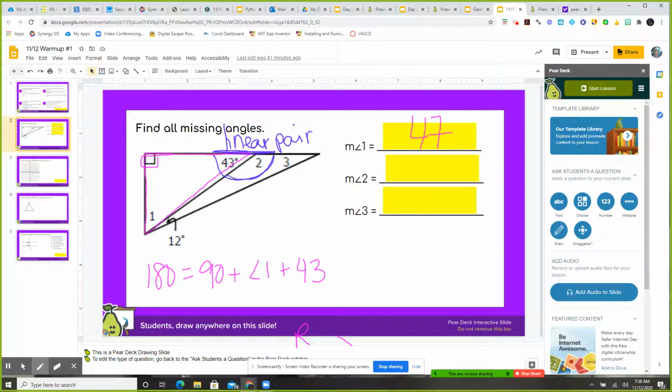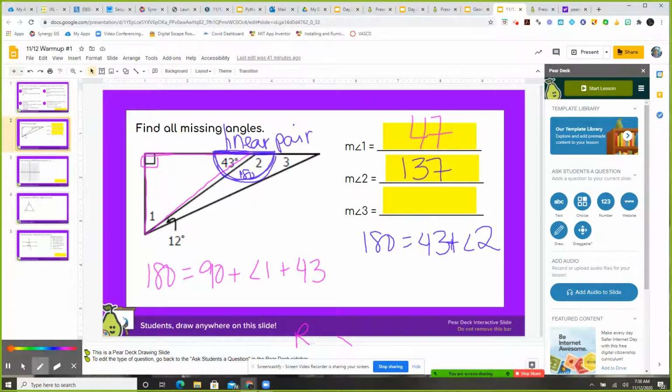They make a straight line. If you think about it as half a circle, that's 180 degrees. So your equation here is 180 equals 43 plus angle 2. And what'd you get for angle 2? 137. Thank you for being brave.